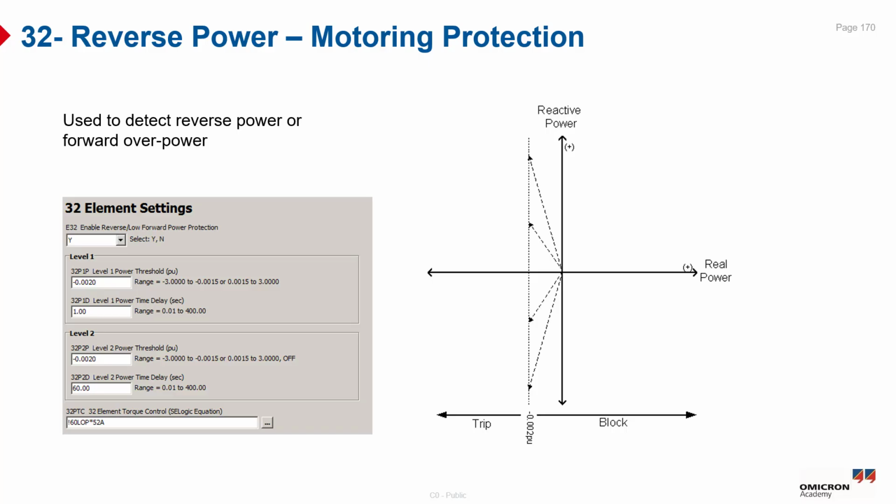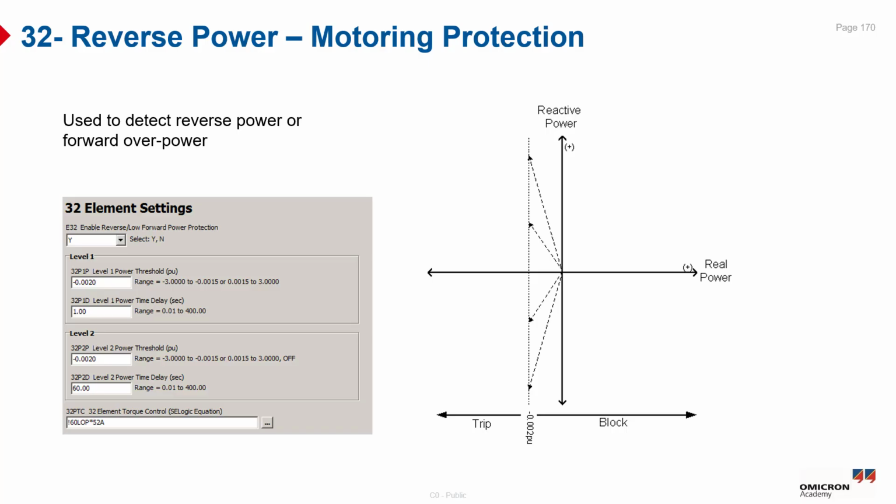Modern microprocessor relays usually include two reverse power elements, one for motoring protection and another for sequential trip logic, and allow fine per unit adjustment such as plus or minus 3 per unit. These relays measure power using the formula P equals I multiplied by V multiplied by cosine theta, to provide precise and reliable detection even at low power factors.